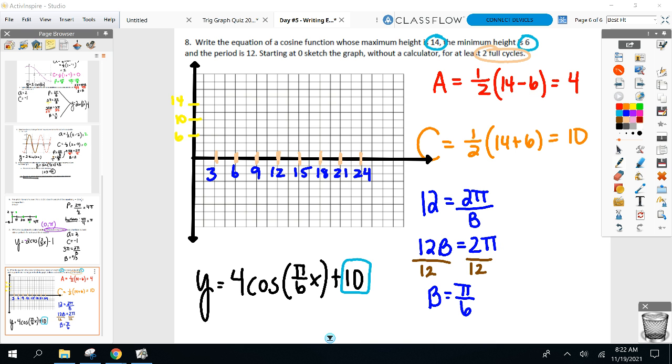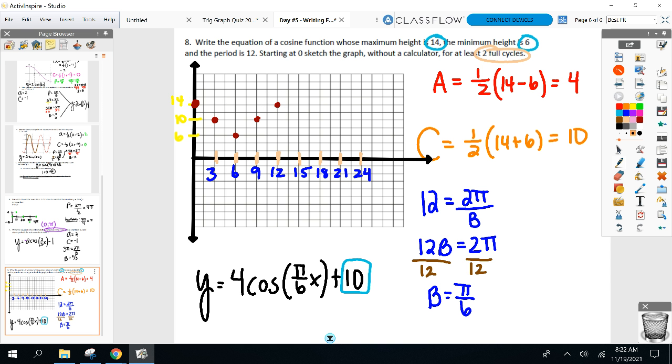Where's cosine start? Max. Okay, here we go. Max to where? Not to the 0, but to the midline. What's my midline? 10. Then where? Minimum. Back to the midline. Back to the max. And there's one curve. Now let's do it again.